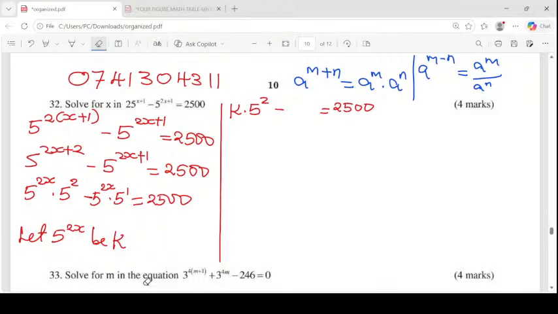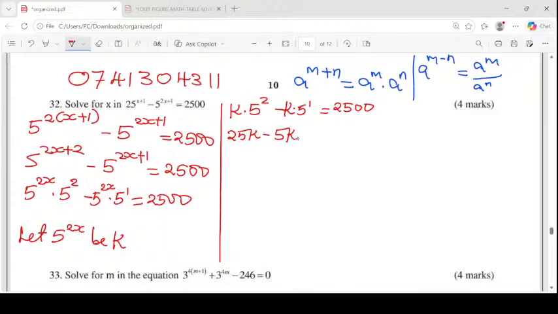So that is like saying k times 5 squared minus k times 5 power 1. 5 squared is 25, so this will become 25k. Then k times 5 power 1 will become minus 5k, to give you 2500.